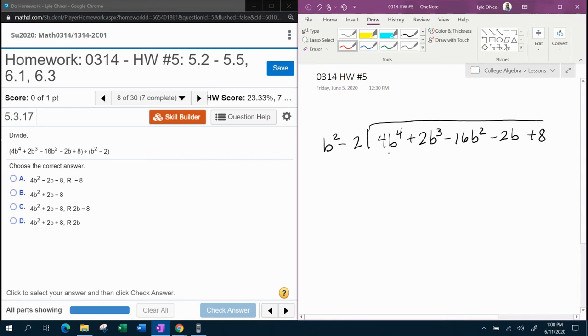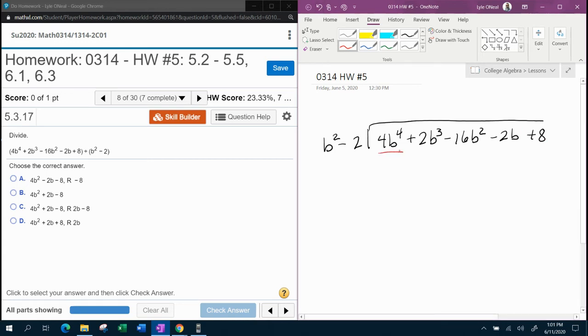The first step to do long division here is to make sure that every power of the variable is represented in the dividend. Every power has to be represented. So starting with b to the 4, 3, 2, 1, and the constant, all of our terms are represented, and that means we can start the process.